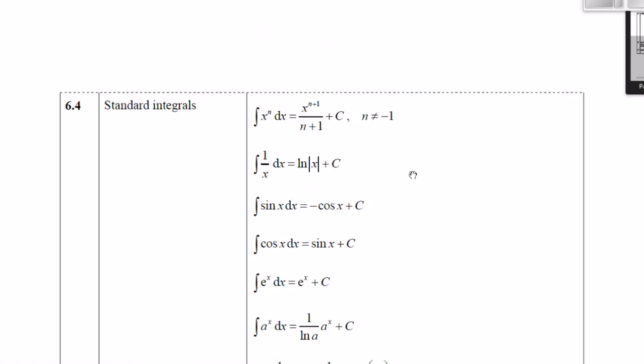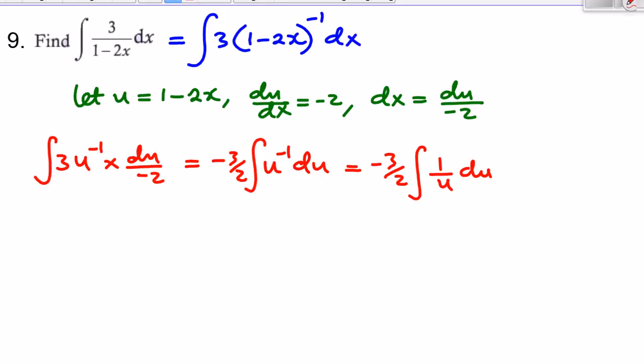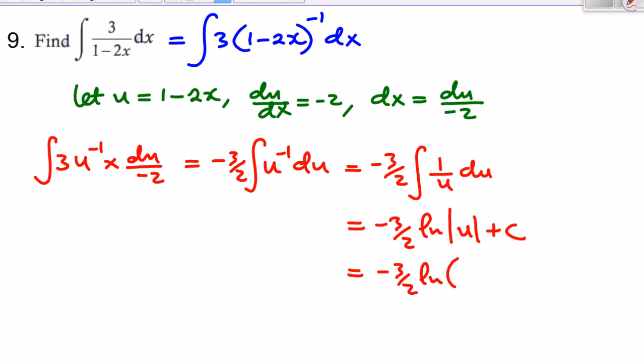In our formula booklet, we have this formula: the integral of 1 over x is ln absolute value of x plus c, which means that the integral of 1 over u will be negative 3 over 2 ln absolute value of u plus c. So our answer will be negative 3 over 2 ln absolute value of 1 minus 2x plus c.